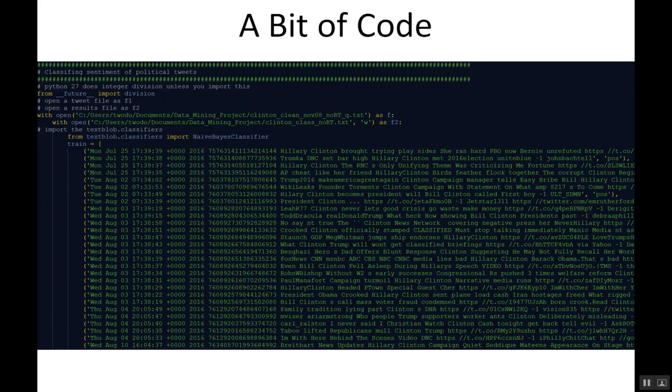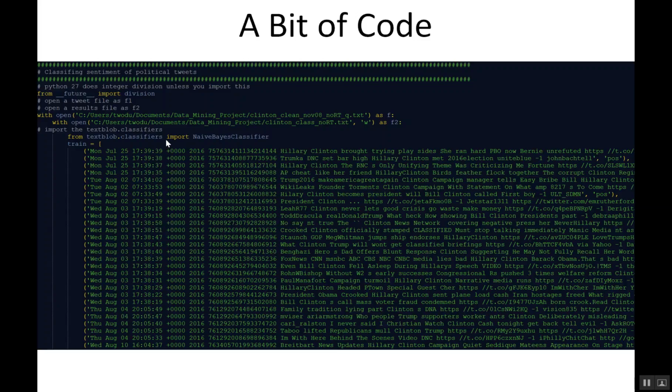Here's a bit of code from my actual running of the Bayes classifier. I had to import this division function so Python will give me decimals instead of always rounding to a whole number, and that's exactly what I wanted, because I need to know the percentage sentiment.